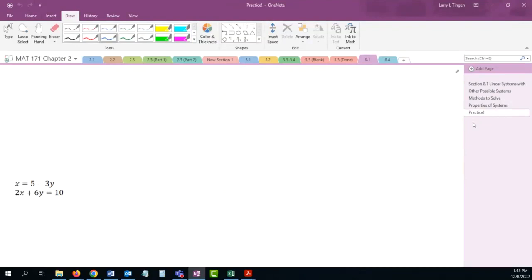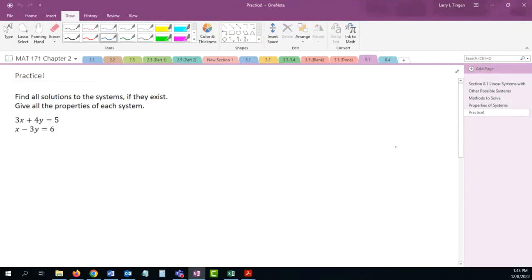Then let's do some practice. All right, so first, we're asking for all the solutions to the system if they exist, and then give all the properties of each system. So all the properties means listed as consistent or inconsistent, dependent or independent.